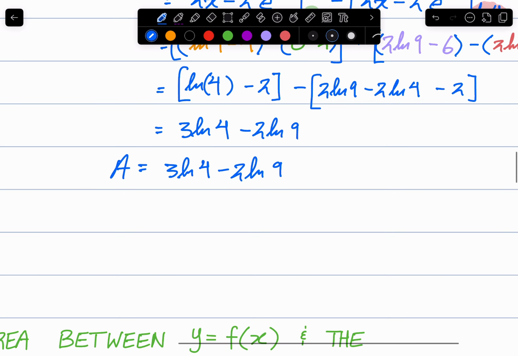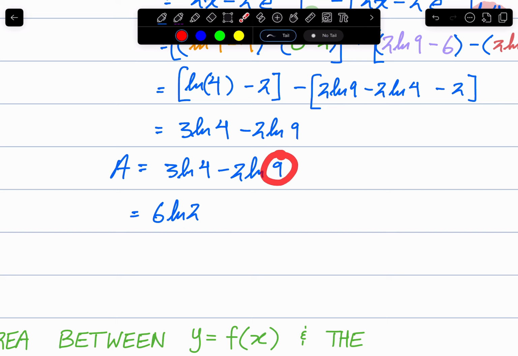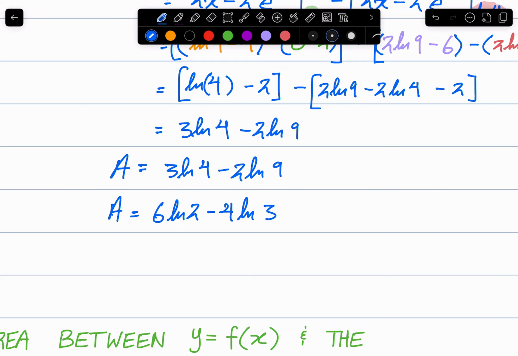And I think we can simplify this further if we ever want to get there, because this is 2 squared, giving me 6 ln2. This is 3 squared, which will give me 4 ln3. Okay, so that is our final area in exact form.